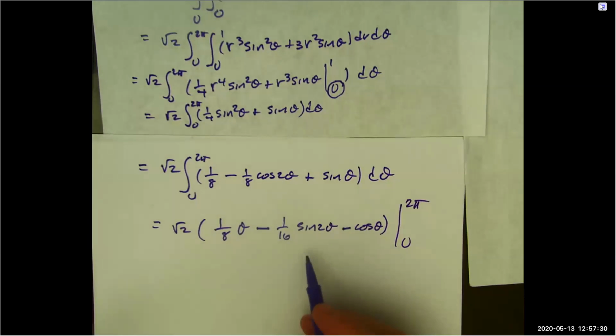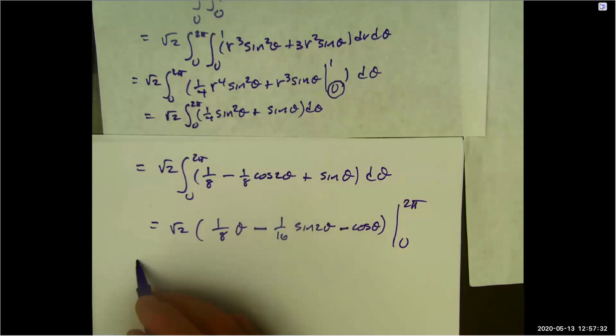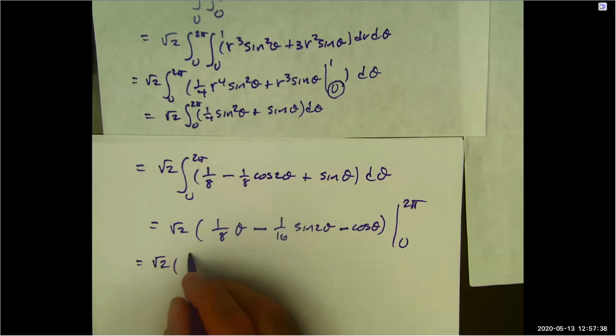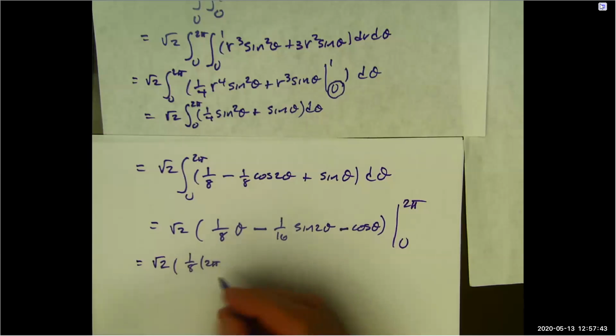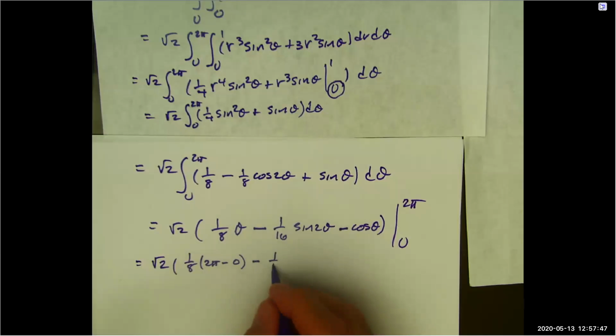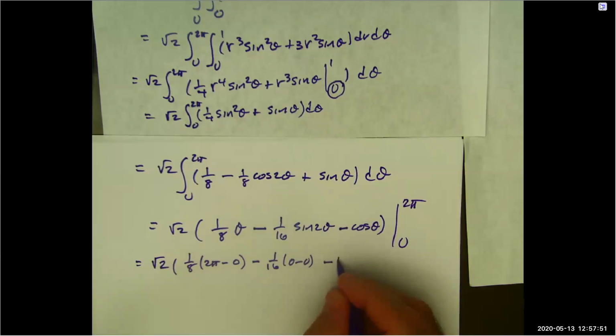And so let's see what we get. So we're going to have root 2, and then we're going to have 1/8 times 2 pi minus 0, minus 1/16 times 0 minus 0, and then minus 1 times 1 minus 1.